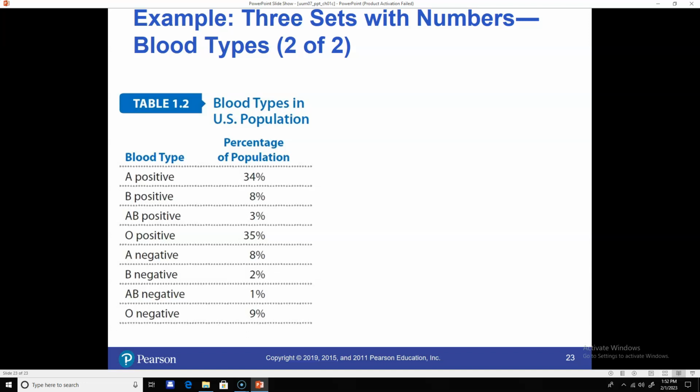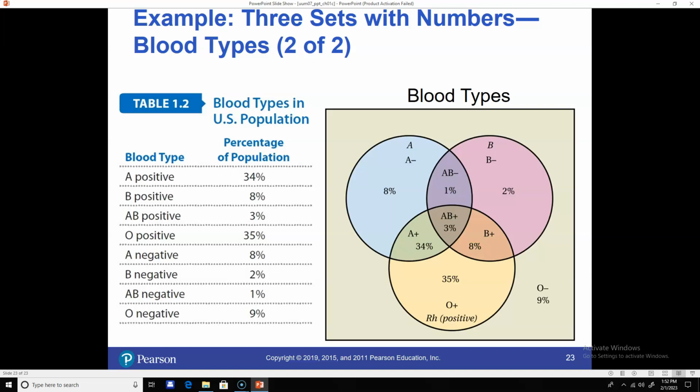So if we go over to the Venn diagram that we construct, let's look how we do this. We had to have 3 circles. So we've got A when A is present, B when B is present, and then the Rh being when the Rh is positive, meaning it's present. So we see that there are 8 different ways.